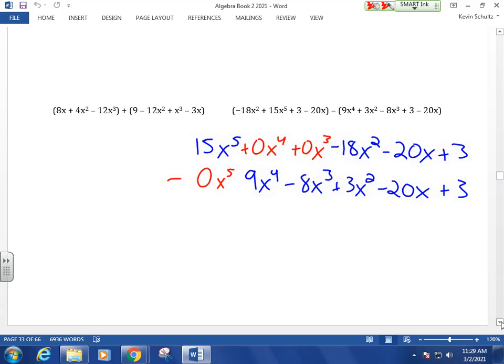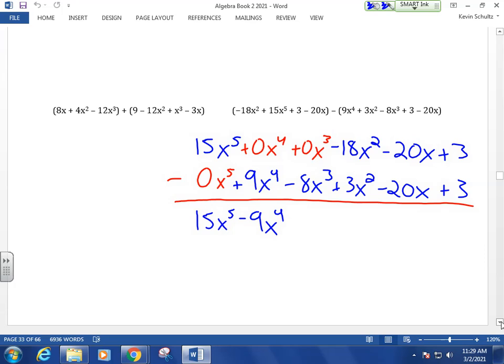I'm subtracting these equations. 15x to the 5th minus 0x to the 5th is still a 15x to the 5th. 0x to the 4th minus 9x to the 4th is a negative 9x to the 4th. Again, the value of having that 0 there. 0x cubed minus negative 8x cubed.